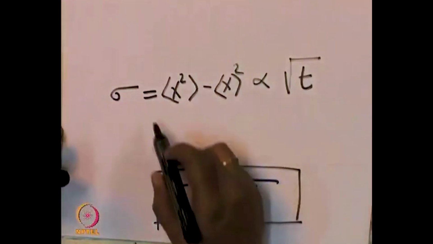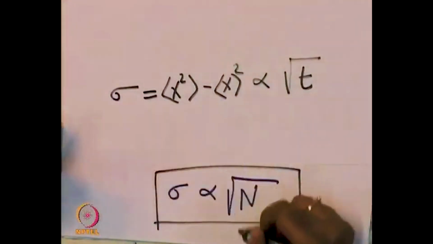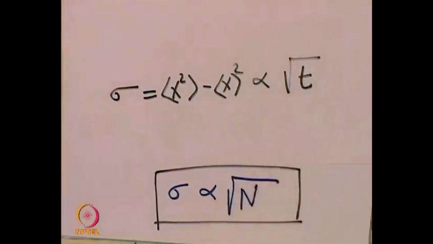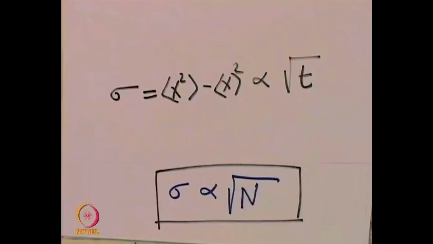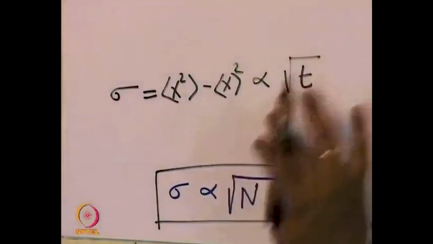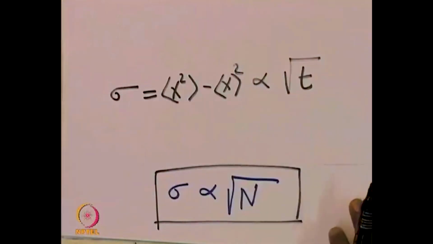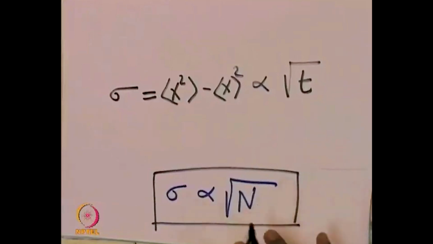Here, in a similar way, sigma is proportional to square root of n. Here it is time and here it is the number of monomers. There is some relation between the two. We will discuss this, but this is an interesting property that you should remember.